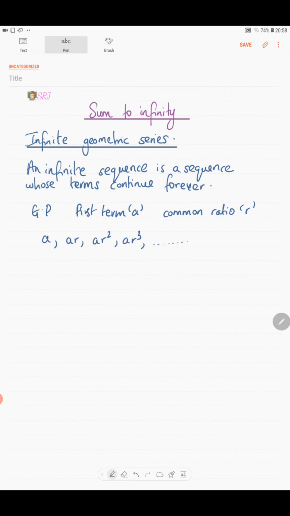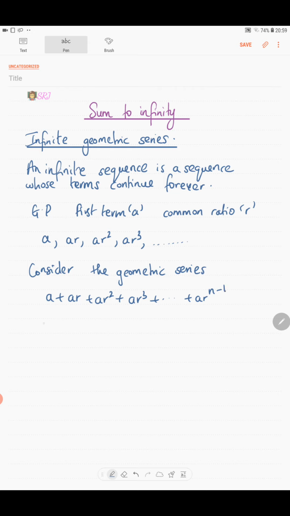Now, if we want to find the sum of this infinite sequence, let's consider the geometric series having n terms. Consider the geometric series a plus ar plus ar squared plus ar cubed plus up to ar power n minus 1.